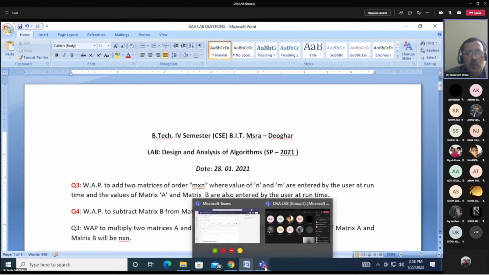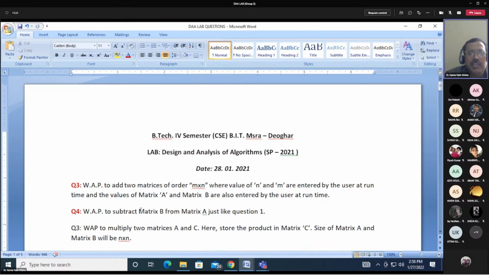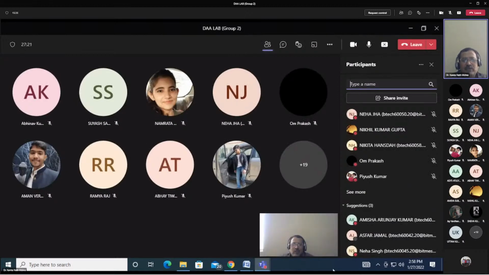Okay. So one of you should explain how will you solve question 3? You have two options. Either you can use arrays or you may not use arrays. But ideally, what should you do?